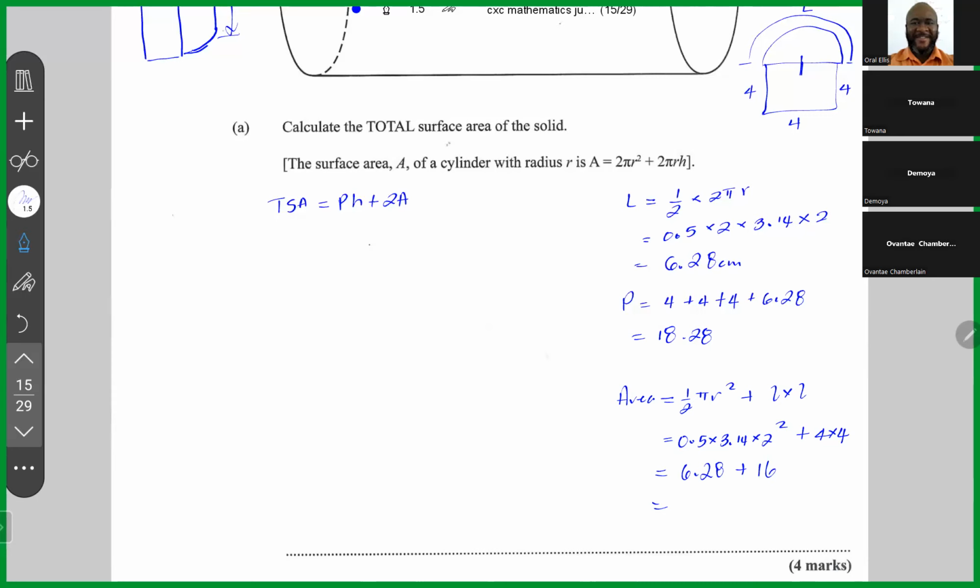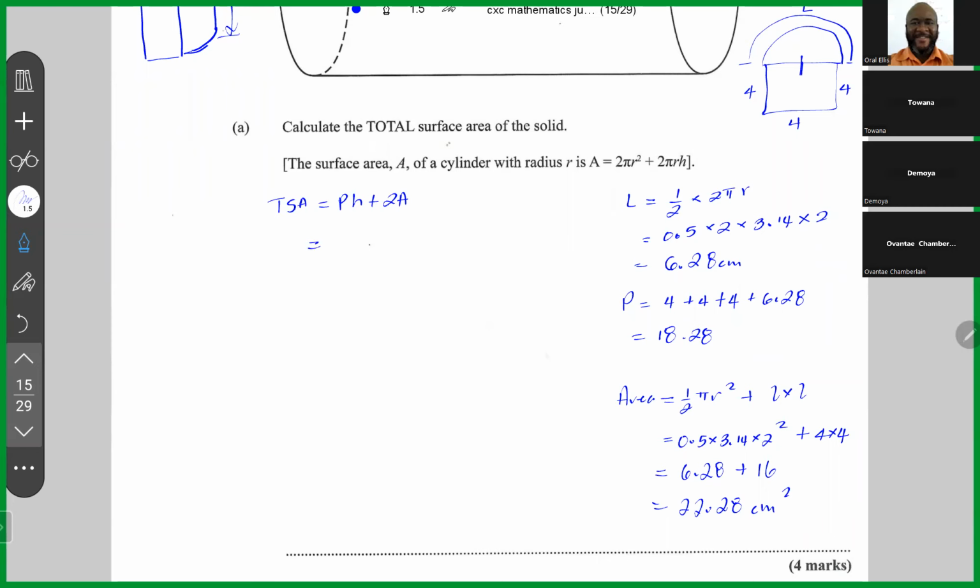The area of the cross section is 22.28 centimeters squared. So the total surface area of a solid is equal to PH plus 2A.